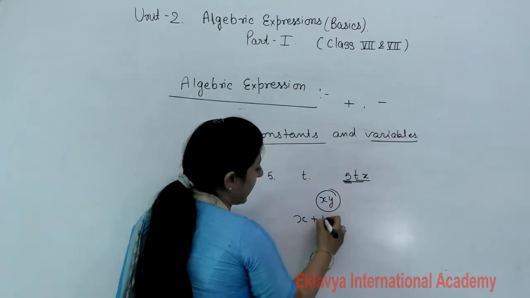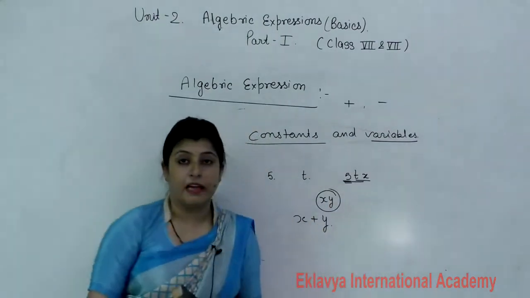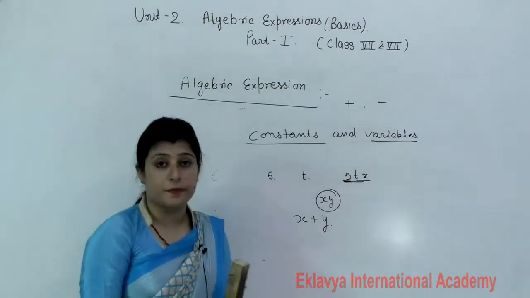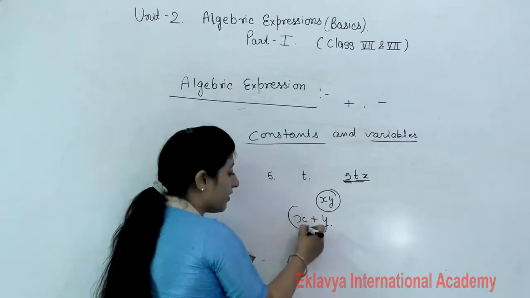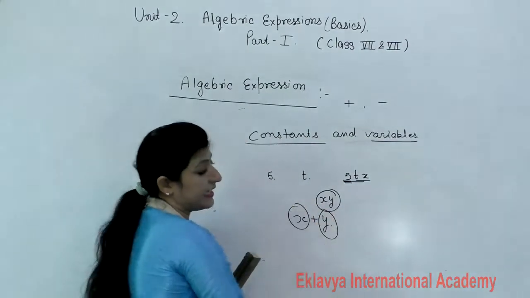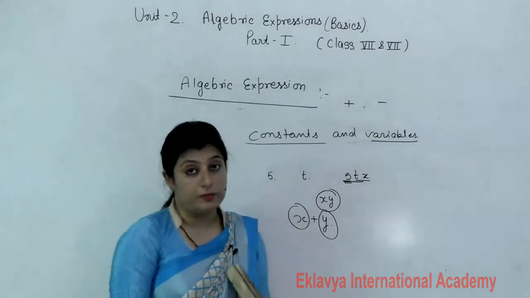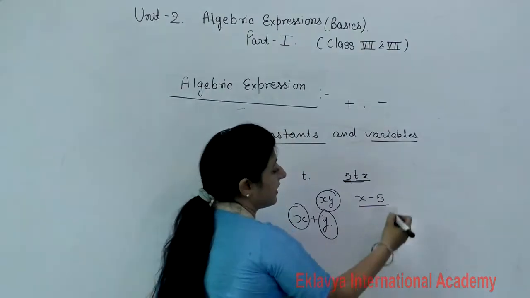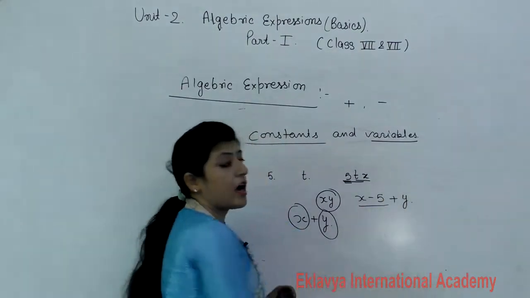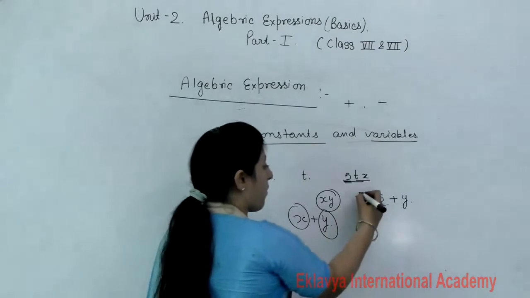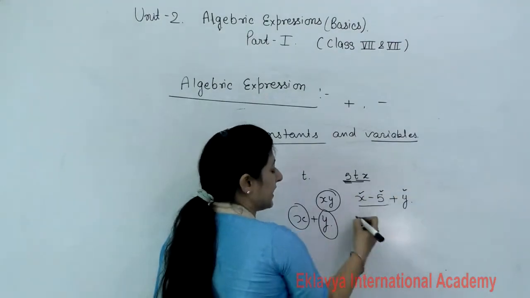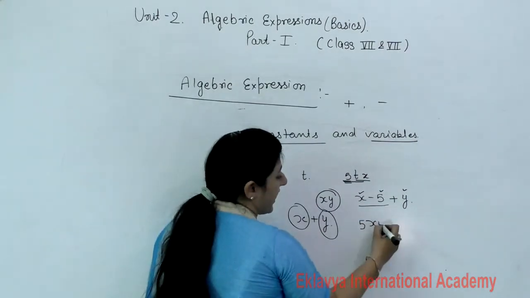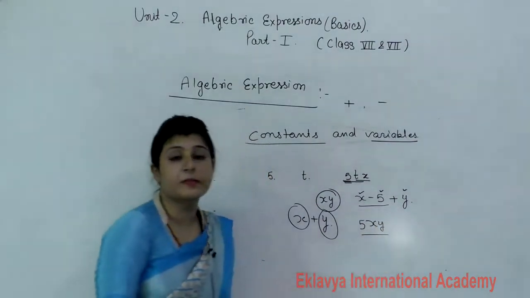What is the meaning of this? Suppose I write down x plus y. How many terms are in this expression? First, second. There are 2 terms. If I write down x minus 5 plus y, how many terms? 1, 2, 3. But if I write down 5xy, then how many terms?